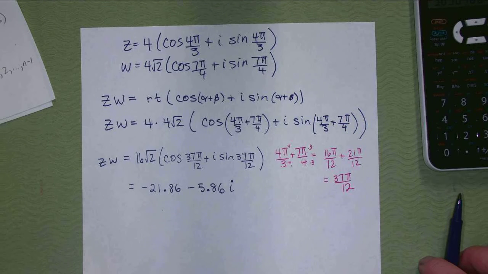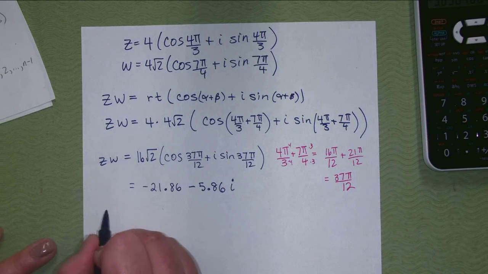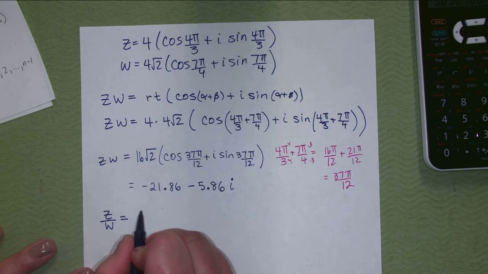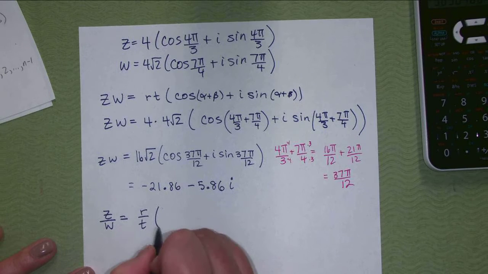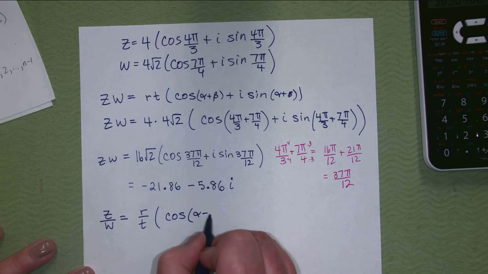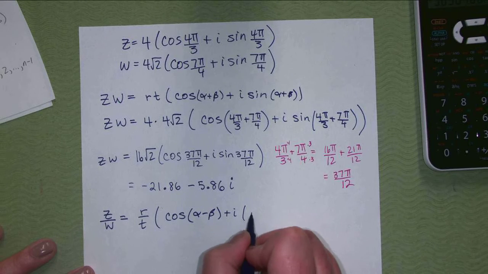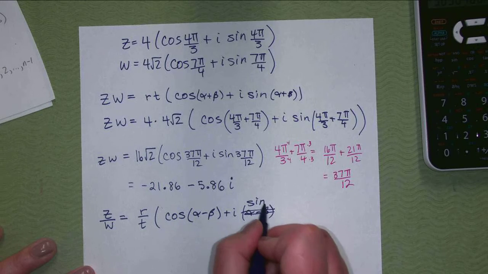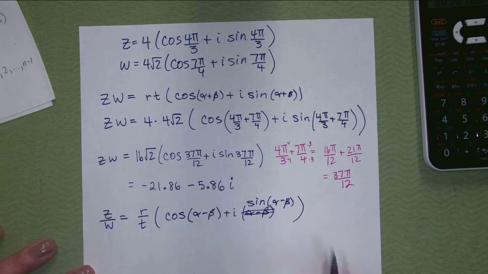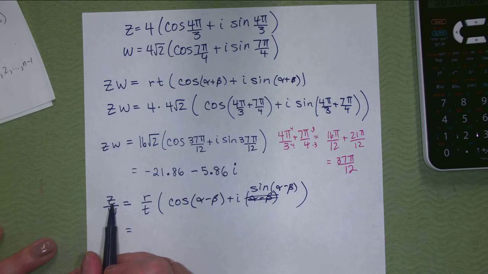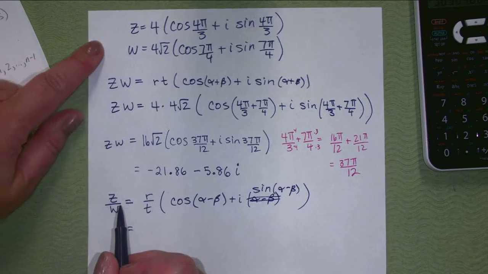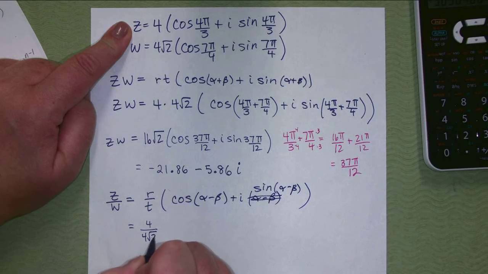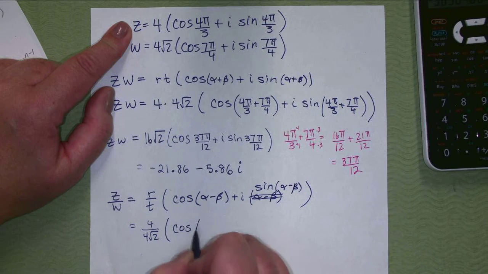So Z divided by W. The rule was just to divide and then to subtract. Oops, I forgot the sign. Okay, so Z first, it goes on top. 4 over 4 root 2 cos of 4 pi over 3 minus 7 pi over 4.